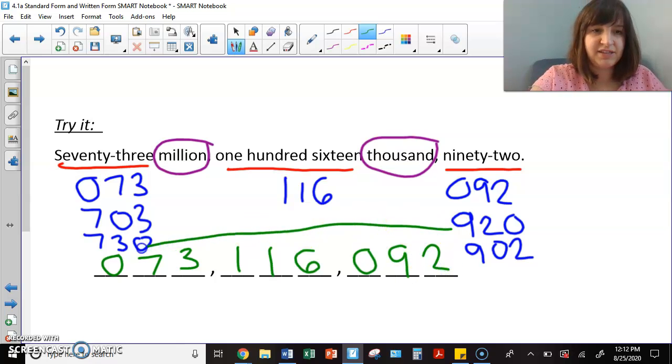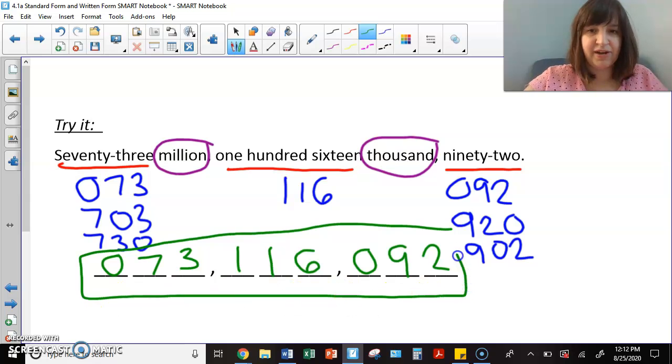Okay, so let's look at my number right here. My number at the top in word form says 73,116,092. Here I have 73,116,092. I need this 0 as a placeholder in the middle. If I took it out, it would shift all the numbers and change their place value, which would change their value, which would completely change the number.